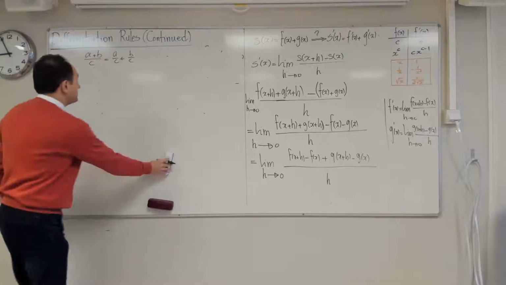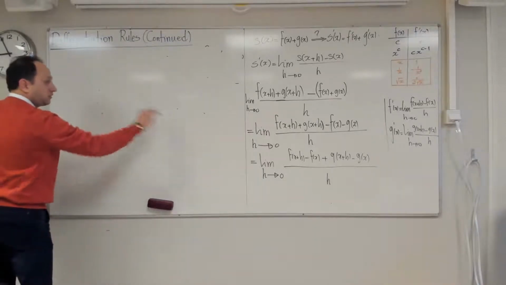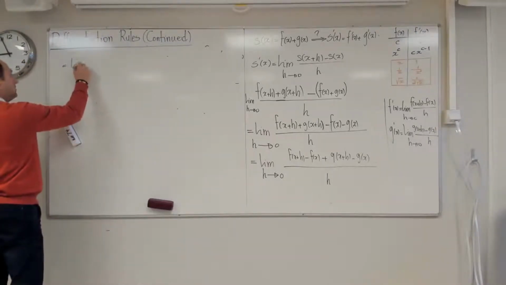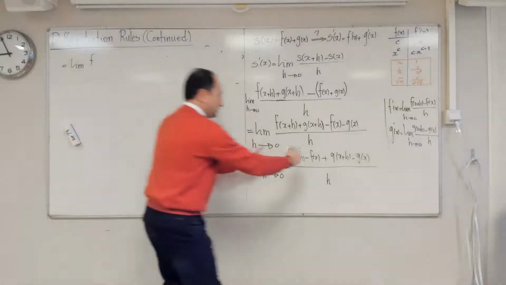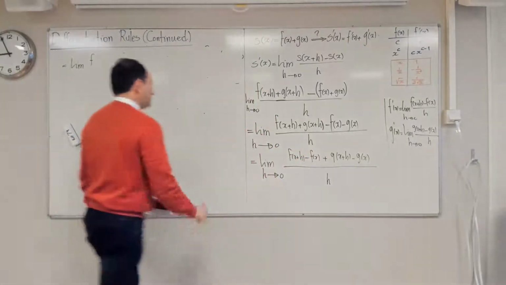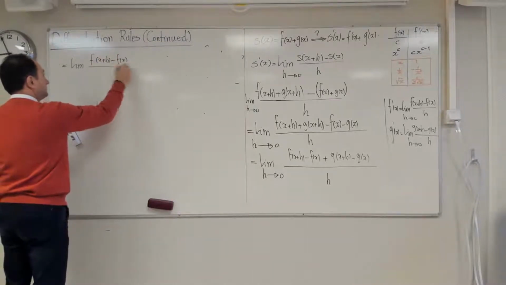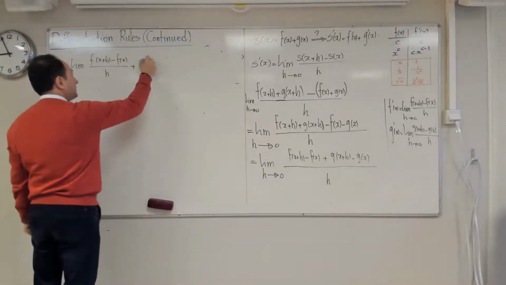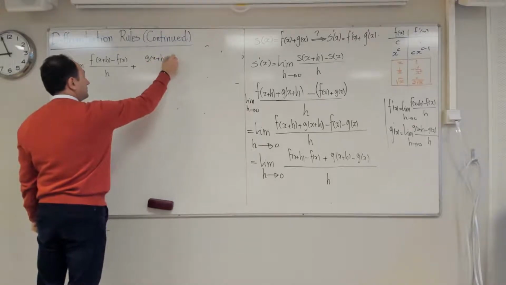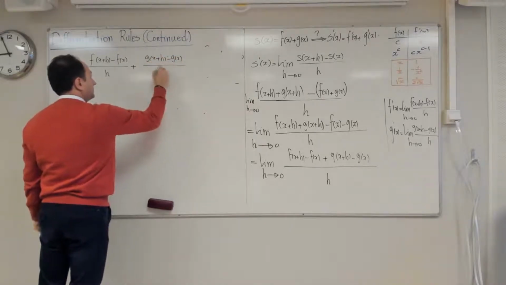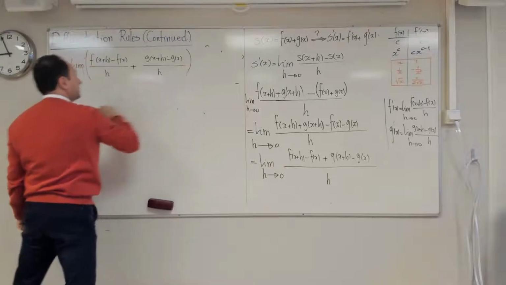So this is possible. So I can write it in this form. I can write the limit of this one divided by h plus the other one divided by h, as h goes to 0.